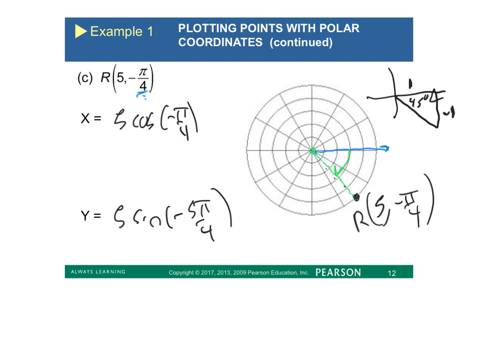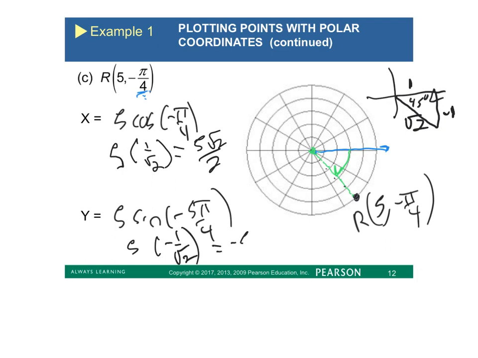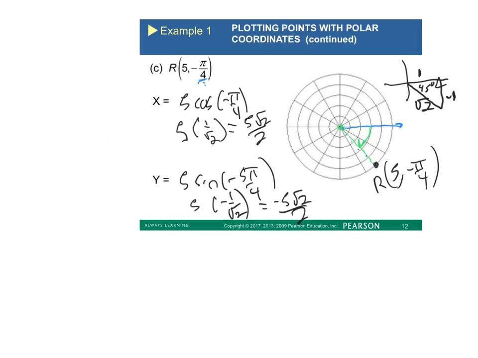But my y is a -1. And my hypotenuse is a square root of 2. So to do this, cosine should be 5 times a 1 over the square root of 2, which is 5 square roots of 2 over 2. And for y, 5 times, now the y value is negative, so that's where the negative angle plays a part. Negative 1 over the square root of 2, which turns into negative 5 square roots of 2 over 2. And it looks like this on your rectangular graph.